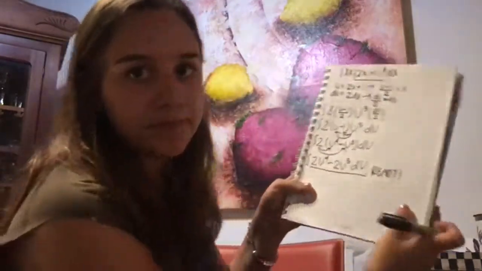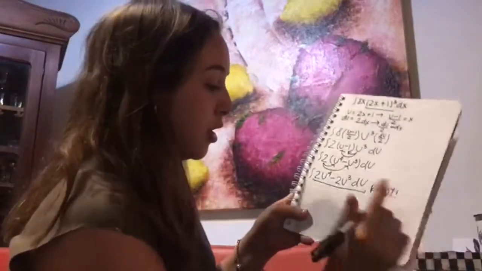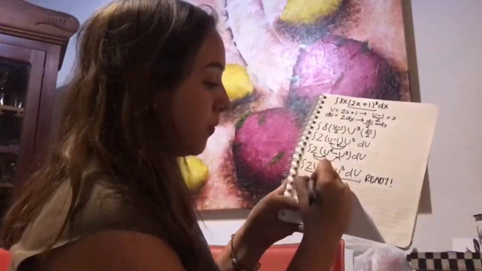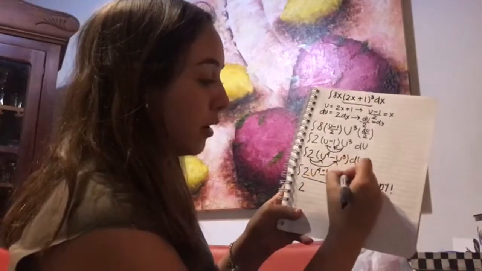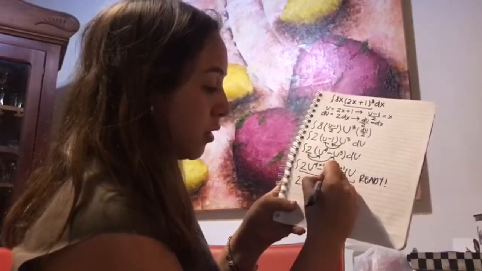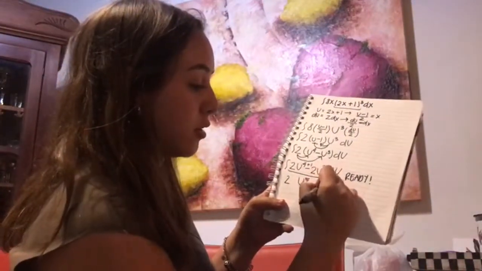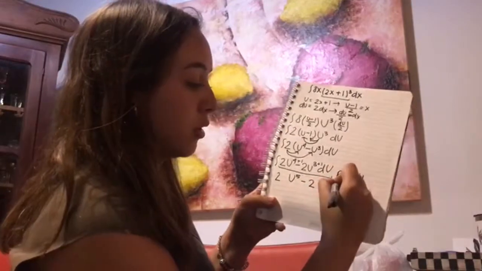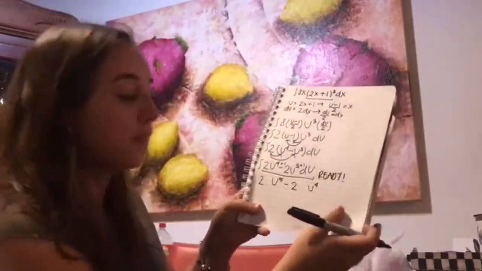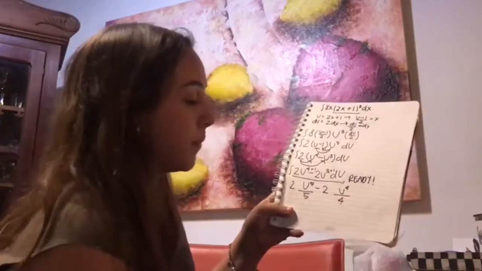To integrate. Now we're gonna do it like our normal integration. So we're gonna put the 2, we're gonna add 1 to our exponent. So it's gonna be u to the 5th, and it's gonna be here minus 2 u to the 4 over 5 and over 4.